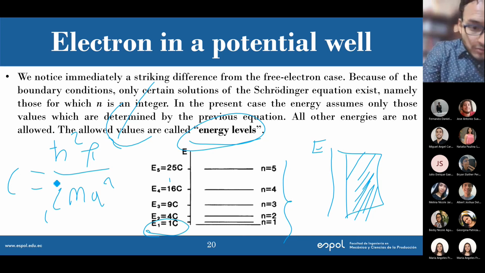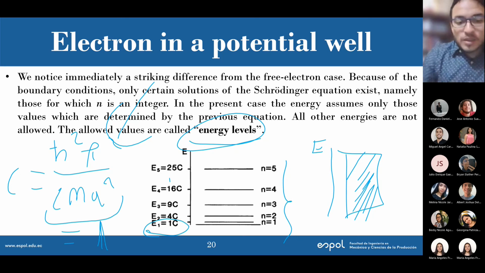That means n equal to 1, and C, obviously, whatever the value is. That's called the zero-point energy, just a concept that might become helpful in the future, but nothing super relevant, okay?